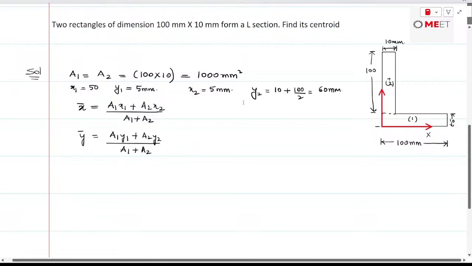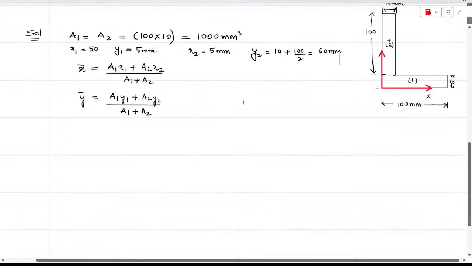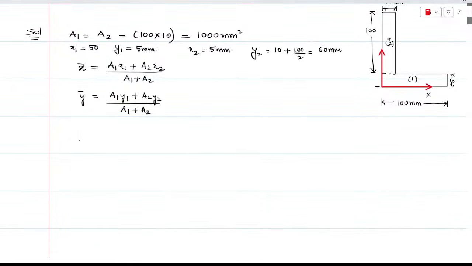Now all we have to do is substitute the above values in the x bar and y bar equations. A1 is 1000 into x1 is 50, plus A2 is also 1000 into x2 is 5, divided by A1 plus A2, which is 2000.